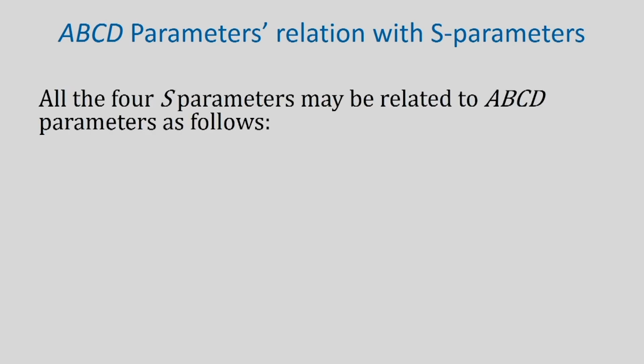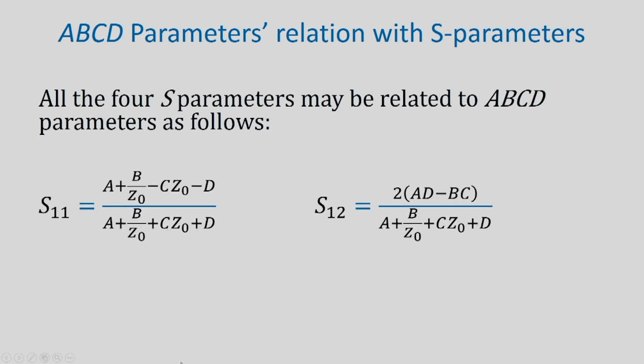We can carry out a similar exercise for all the 4 S parameters, and they may be related to ABCD parameters as follows. S11 we have already seen. S12 is 2 (A D minus B C) divided by (A plus B by Z naught plus C Z naught plus D).